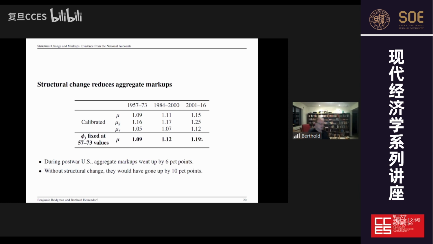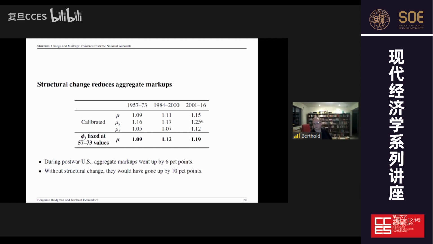So the bottom line of that is structural change has prevented an increase in markups that happened in the goods sector from translating to the aggregate economy. Now, for a first approximation, think about much of the Compustat evidence as being concentrated in the goods sector.